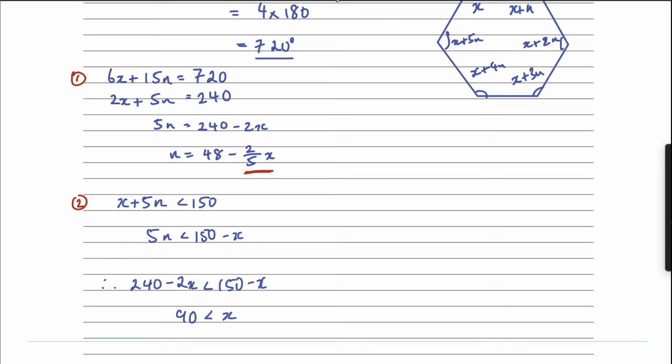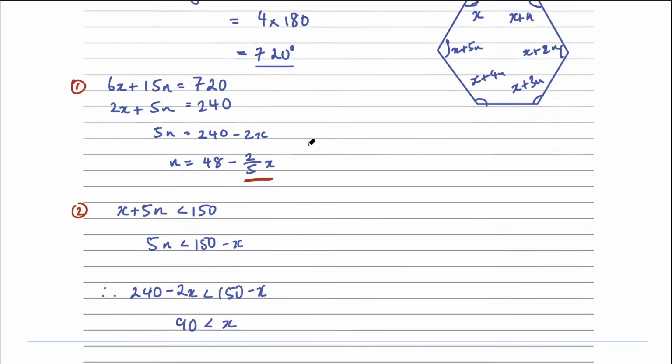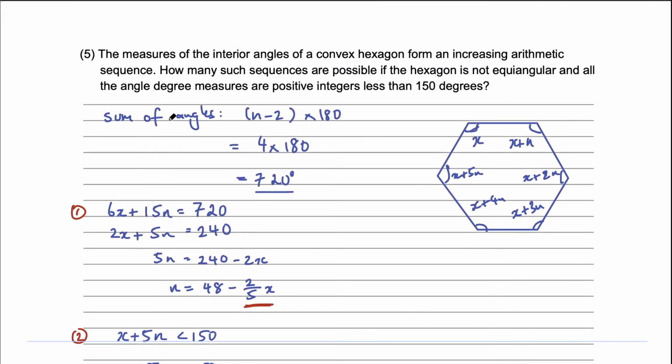Well, remember the conditions of n and x: they had to be integers. All of the angles have to be positive integers. Therefore, x must start as an integer and we must be adding on integers. If we're adding on a fraction here, the second angle would be some fraction, some rational number, so it wouldn't fulfill these conditions. So n must be an integer and x must be an integer.